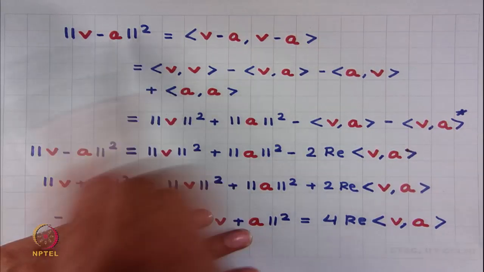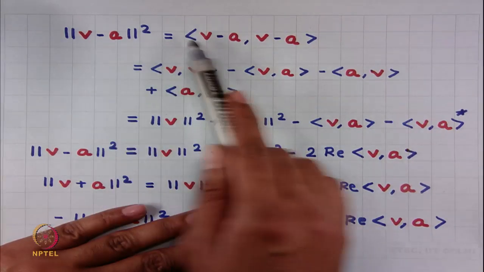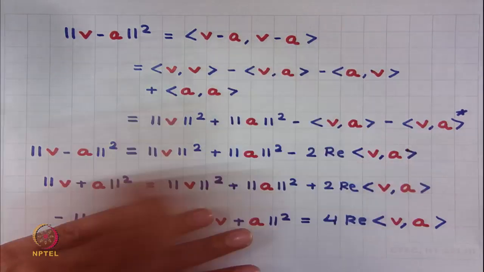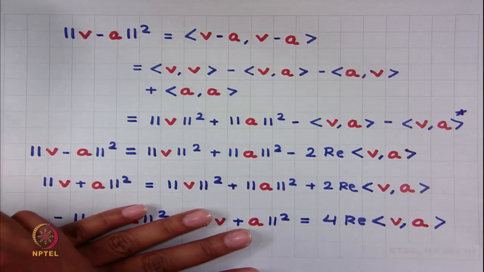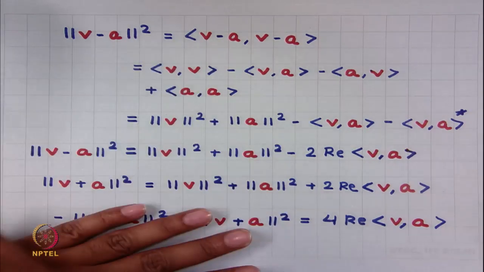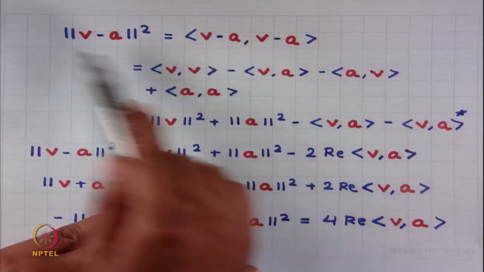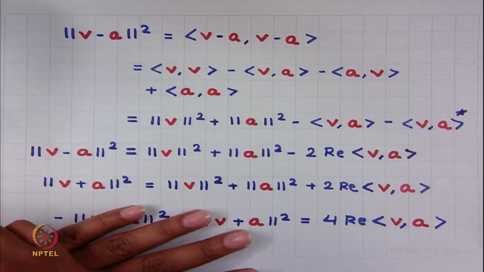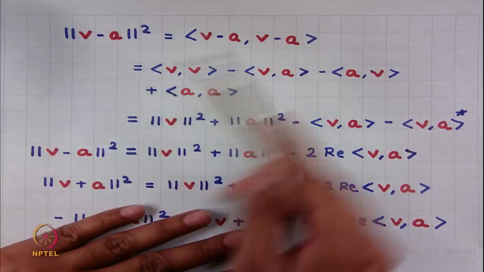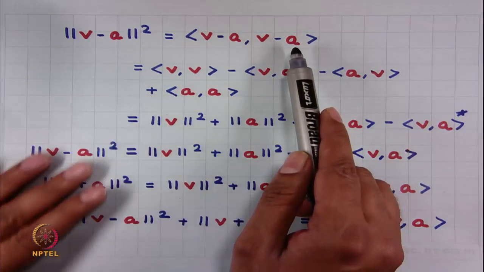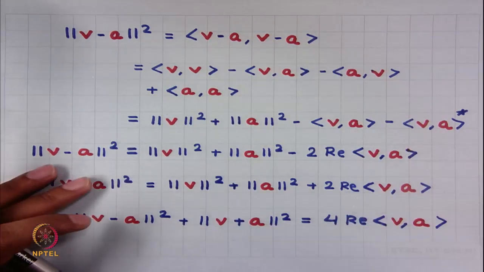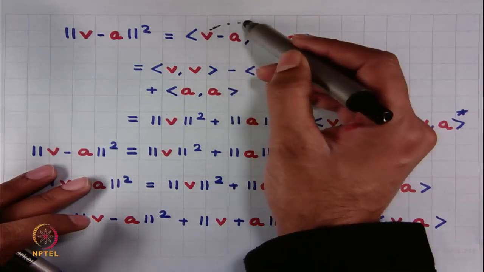Norm square of v minus a is simply the inner product of v minus a with v minus a. We know and we have seen that this is the way you should interpret norm square. Take the inner product of the vector with itself. And now this inner product follows Hermitian bilinearity. So, what you can do is multiply term by term.